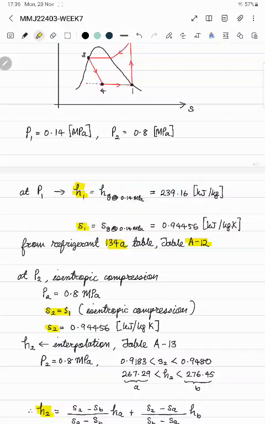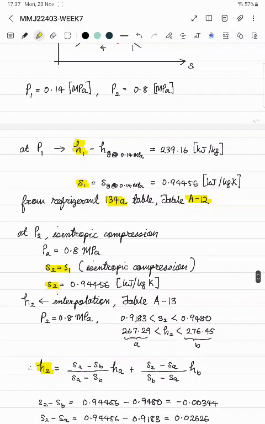Now, because of this problem, we have to figure out H2 by using interpolation. So S2 within the pressure of 0.8 megapascal, the range is somewhere between 0.9183 and 0.9480. This is from table A3 at pressure 0.8 megapascal, and the enthalpy value reads from 267.29 to 276.45.